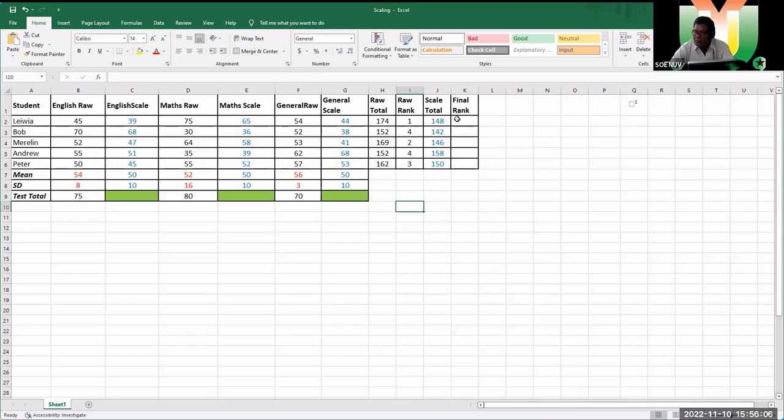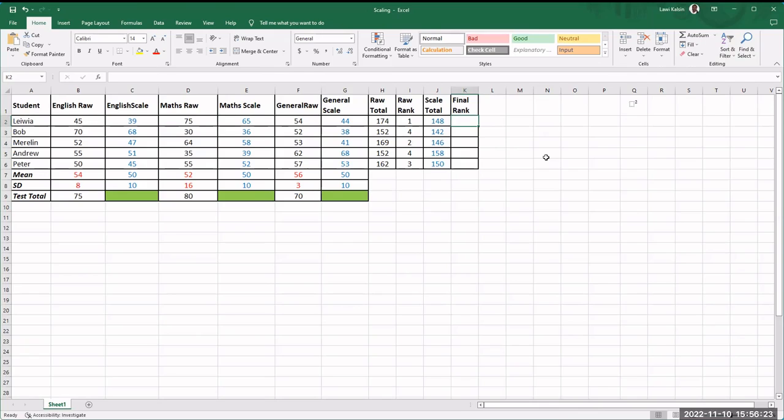Okay, now let's go to the final ranking, and this comes from the total of scaled scores. So who ranks first? Andrew.